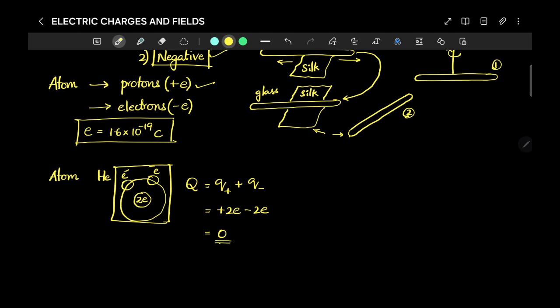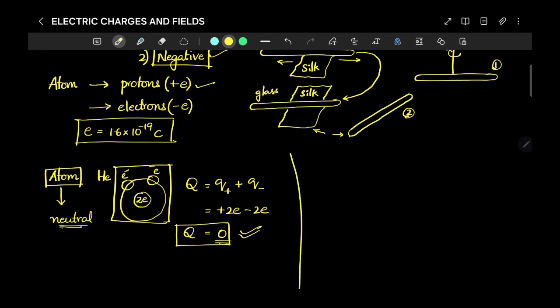So the net charge on that atom is 0 coulomb. Therefore, as there is no charge, we call it neutral. So the atom is electrically neutral.